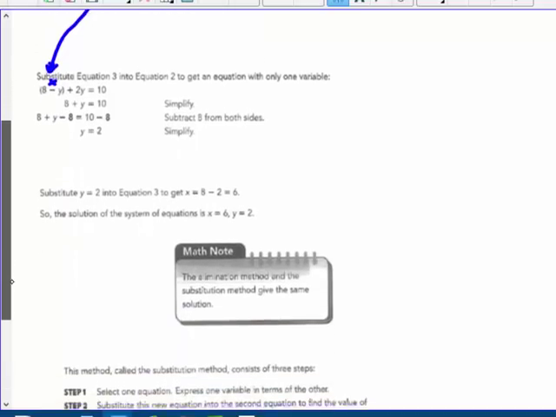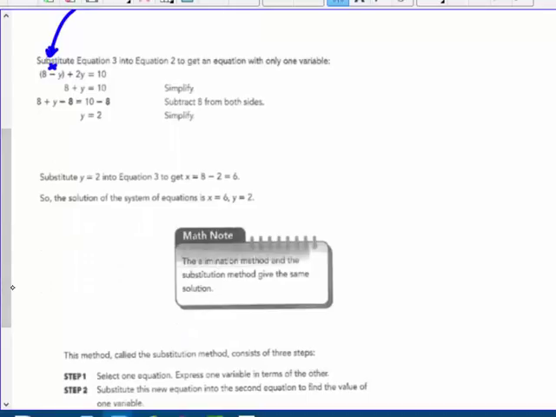Then substitute y equals 2 into one of the equations, or the equation 3 that you got, x equals 8 minus y. I wouldn't always go to equation 3. I would go back up to equation 1 if I was you, in case you made a mistake solving for x. You don't want to put your answer that you got, y equals 2, in case you've made a mistake. So I always go to the original equations, x plus y equals 8.